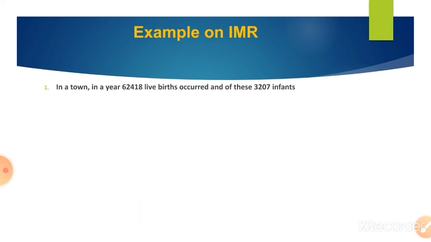So let us solve one example on IMR. I'll just read out the example. This question carries 2 marks. In a town, in a year, 62,418 live births occurred, and of these 3,207 infants died in the same year.